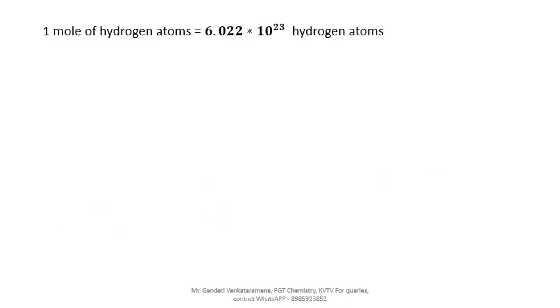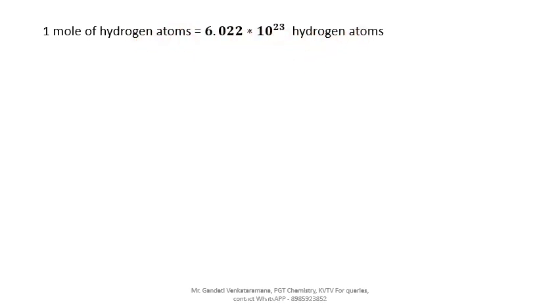1 mole of hydrogen atoms equals 6.022 into 10 power 23 hydrogen atoms. This is very, very important. Have a look: 1 mole of hydrogen atoms equals 6.022 into 10 power 23 hydrogen atoms.